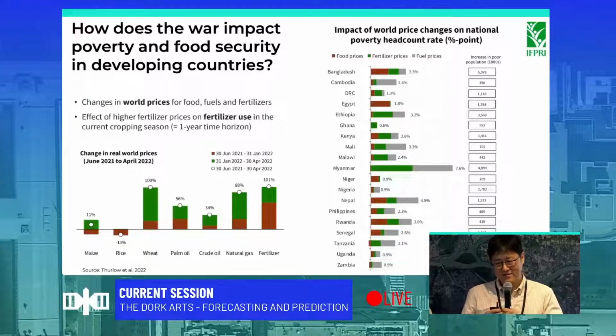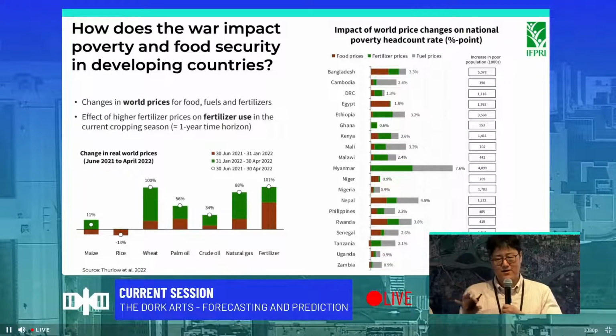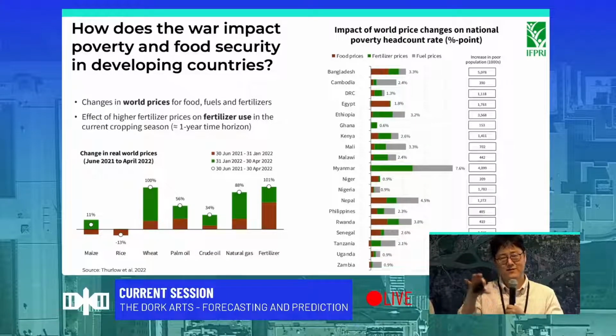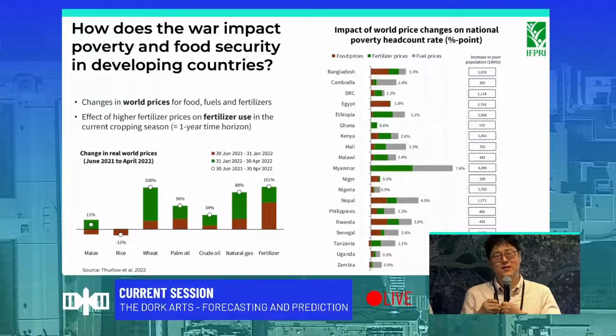The next one is even more macro. With the war still going on, a lot of price shock has been happening in the world. At IFPRI, where I'm based, we have an economic modeling framework running at global, regional, and country level. It's called a computable general equilibrium model.